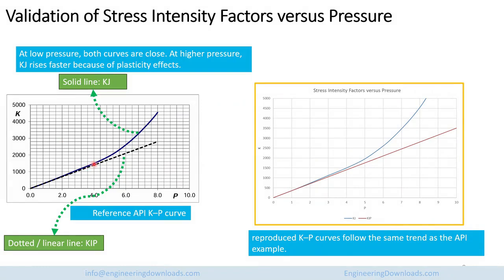As the load increases, the KJ curve rises more rapidly because plasticity effects become more important. This comparison is useful because it shows that the reproduced curve has the same overall behavior as the official example, which gives confidence in the FE workflow and in the FAD calculation that follows.